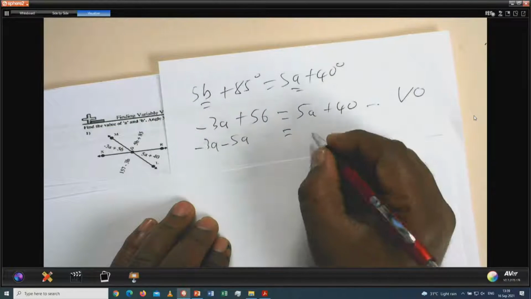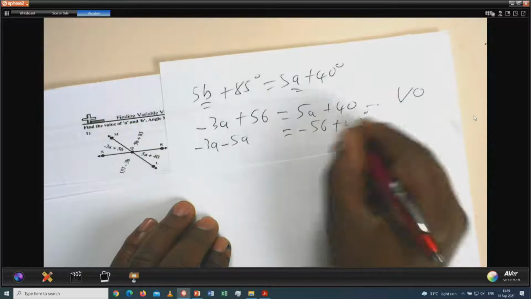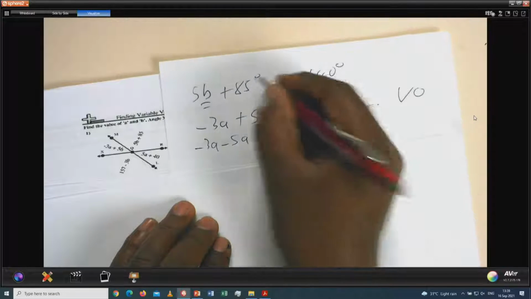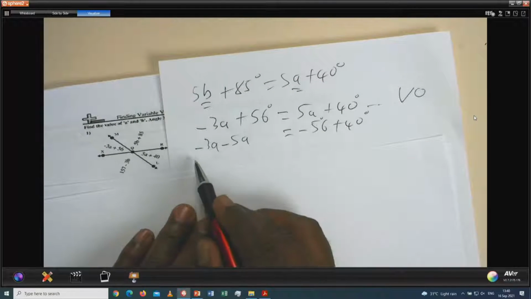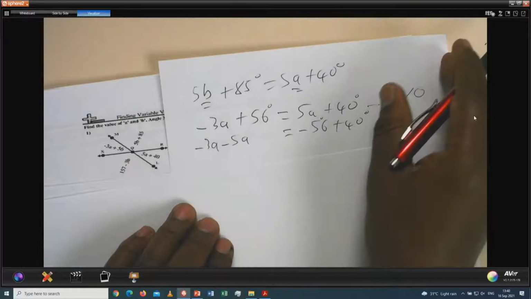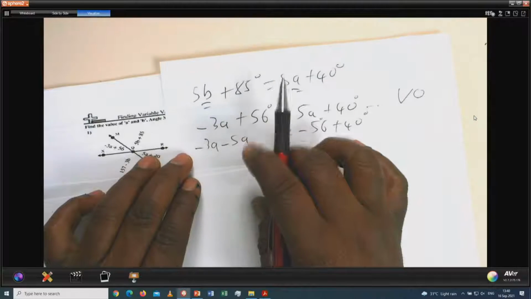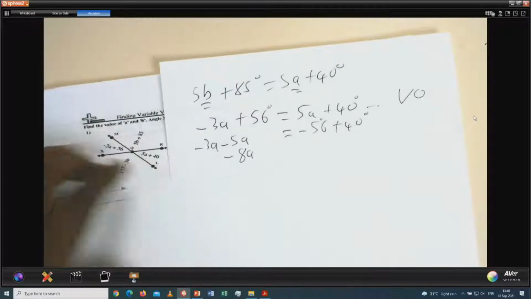When it goes that side, it's going to be negative. Let's respect those units then. Your like terms, you lose 3 rand, and you lose another 5 rand. Now all in all, you've lost 8 rand, which is your 8A.